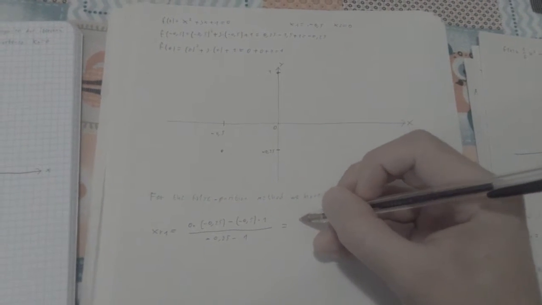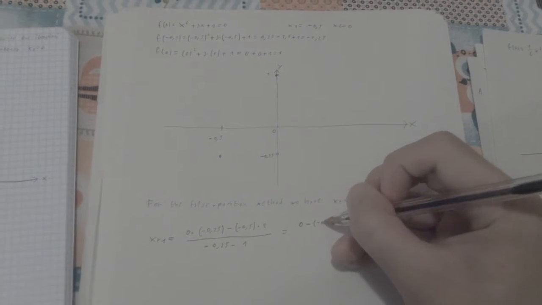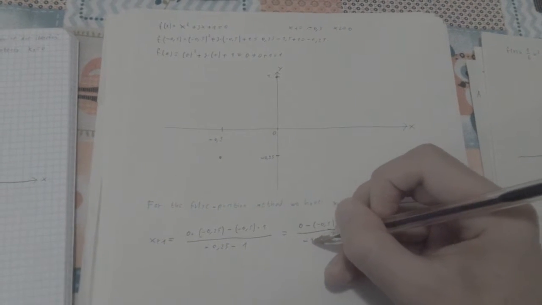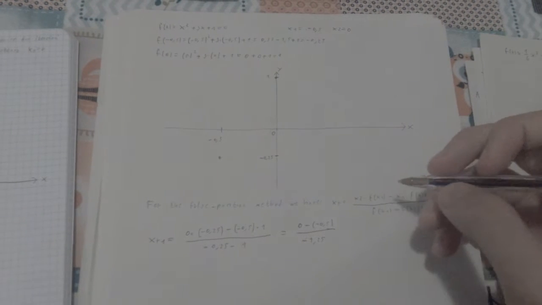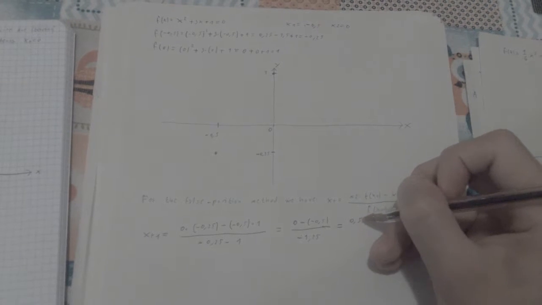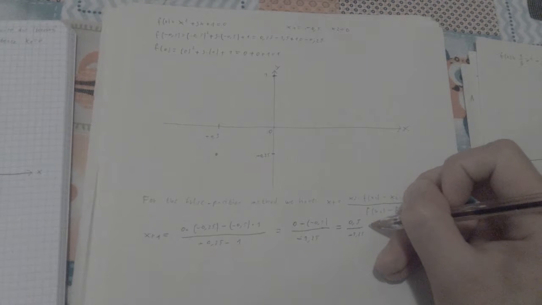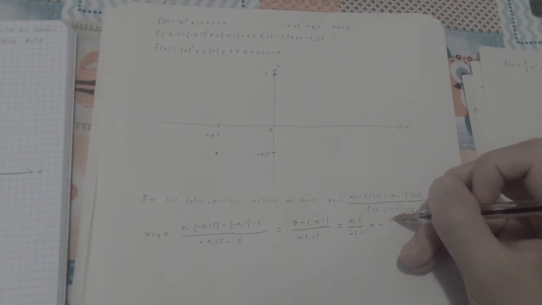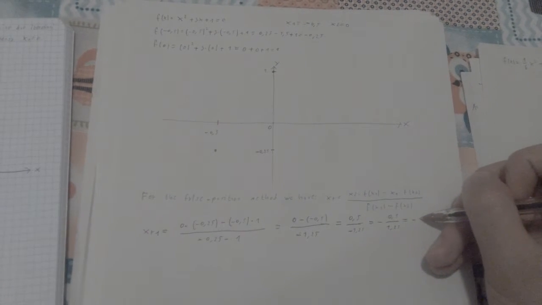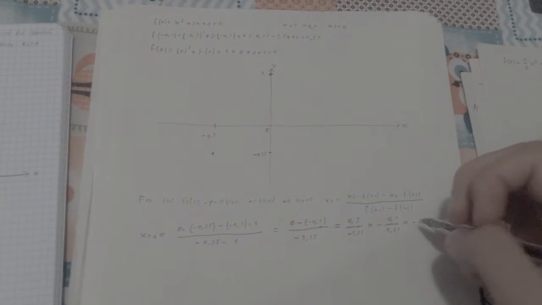In this case, we basically get 0 minus negative 0.5 over negative 1.25. This gives 0.5 over negative 1.25, which is like saying negative 0.5 over 1.25, giving negative 0.4. So the value we have just found is negative 0.4.